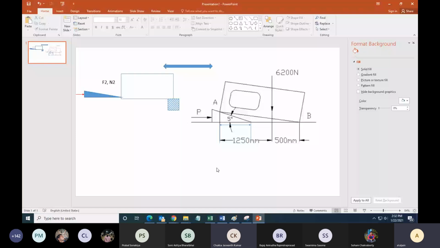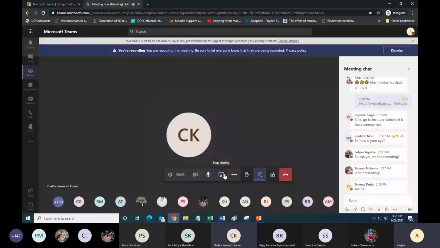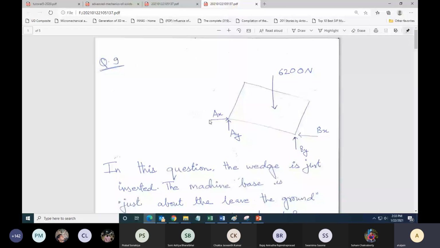You said about normal reaction, how it acts perpendicular to the surface, or like two types you told us. Can you repeat it? I said, irrespective of how the resultant at A is passing through, I can always break it into AX and AY.